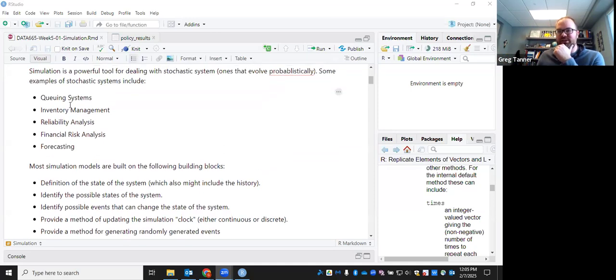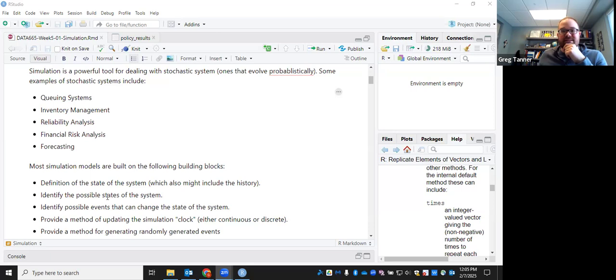For example, in queuing systems, the state of the system is mostly how many people are being served and how many people are in the queue at a given time. For inventory management, it's probably how much inventory you have on hand, as well as any information you have about orders coming in.